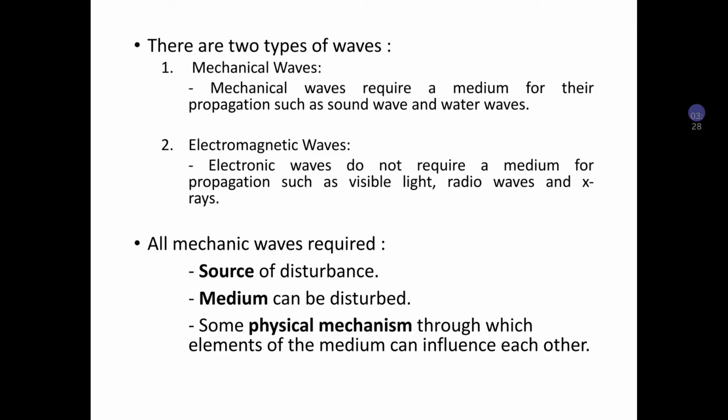Some physical mechanism through which element of the medium can influence each other, which is physical mechanism. Okay, so macam gitar, sound wave tu, mechanism yang terlibat physical mechanism adalah kita punya tangan kan. So kita petik tali gitar menggunakan tangan.